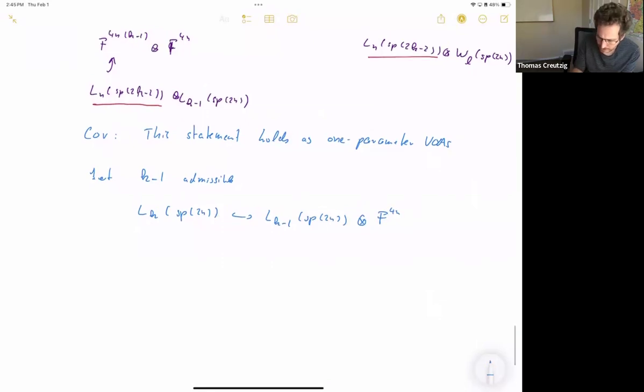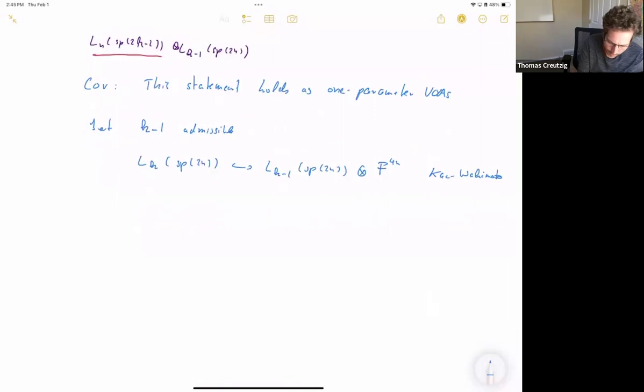So this is a 1990s paper by Creutzig, maybe even earlier. But then it follows, and this is not very non-trivial, that in fact also the simple OSP 1 to n embeds in our big VOA.